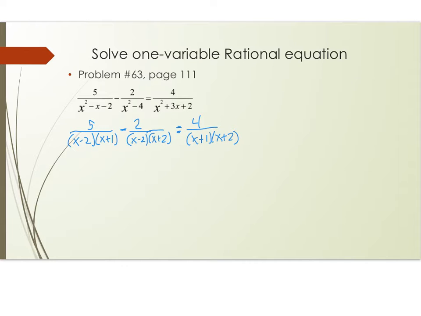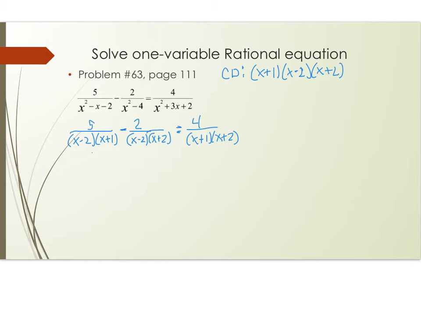And my common denominator here, I'll just put it up here, is x plus 1, x minus 2, and x plus 2. So now I need to adjust each one of my fractional terms to the common denominator, but I'm going to skip one of my terms. I know that if I multiply through by the common denominator, I'll just have the numerators of what is missing for that particular term.